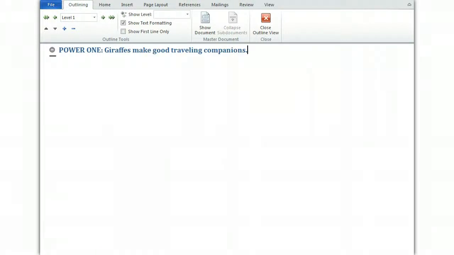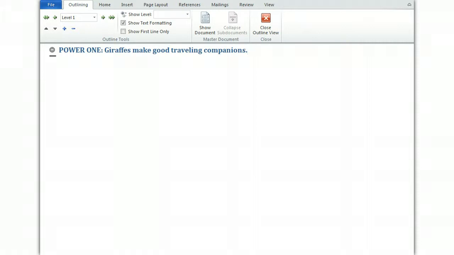Let's talk this time about the power writing plan for developing an essay. Power 1, Power 2, Power 3, which is the power writing strategy, is very like creating an outline.